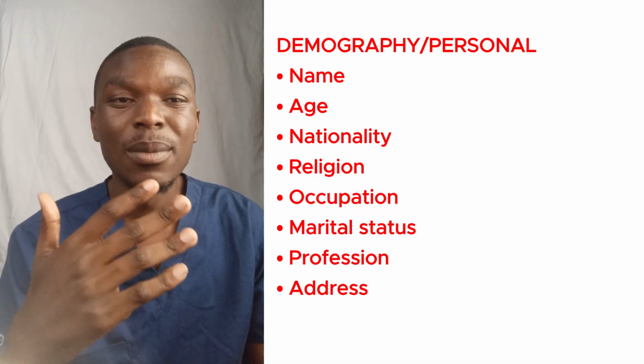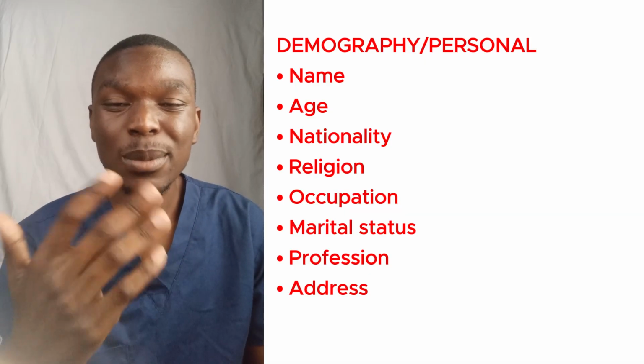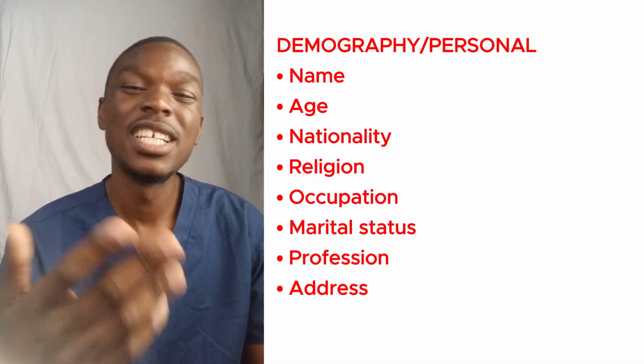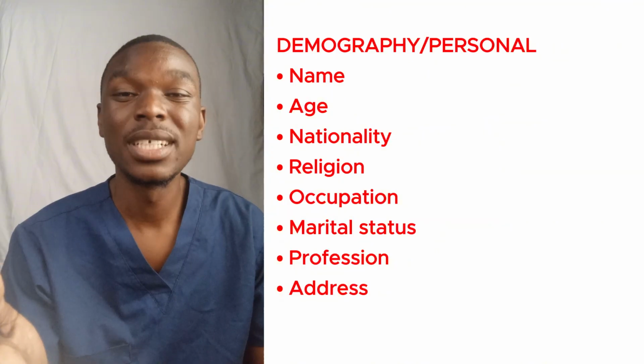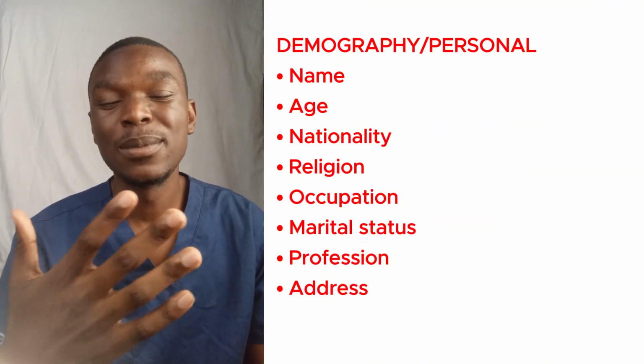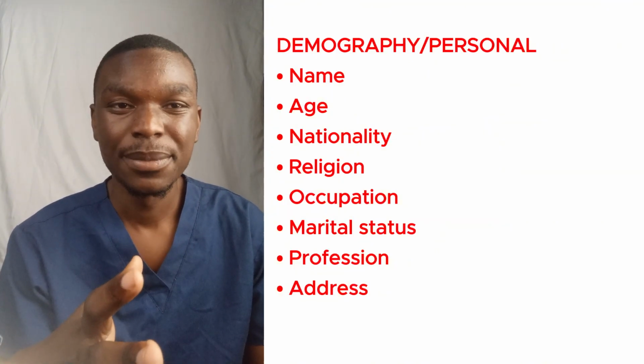Occupation, marital status. Some people are not married, but they get pregnant, and they also need some special management. For example, address. Where these people are living, there are some areas which are very prone to certain infections, for example malaria. Malaria is very fatal in pregnant women. So you need to know where they're coming from and the diseases that are common in that area.